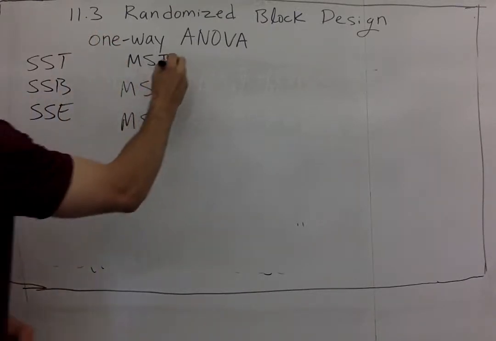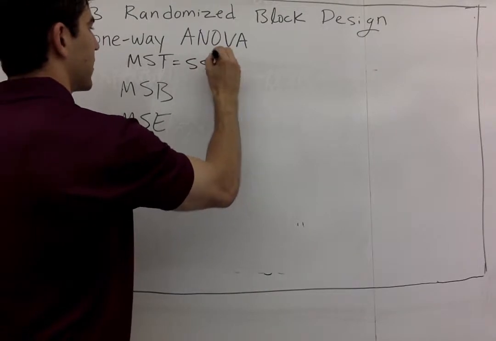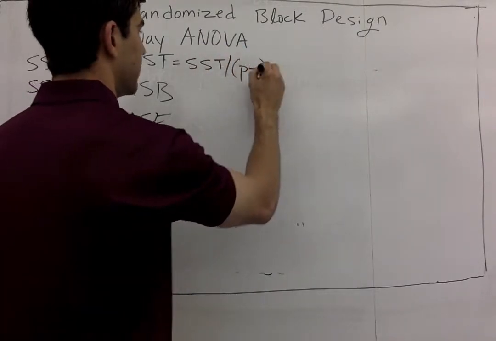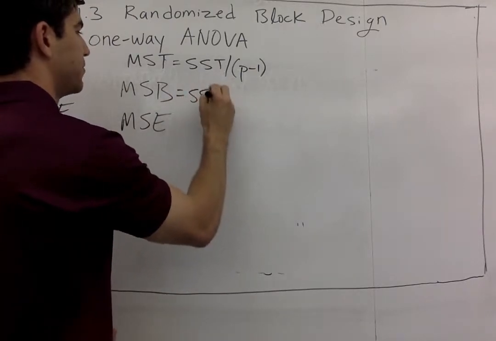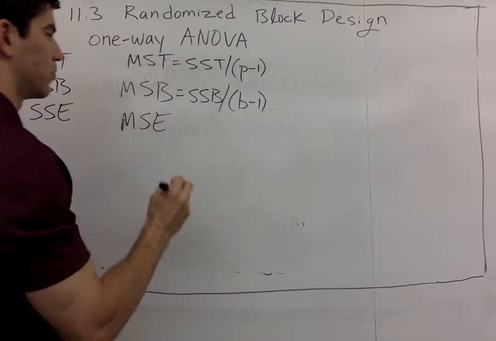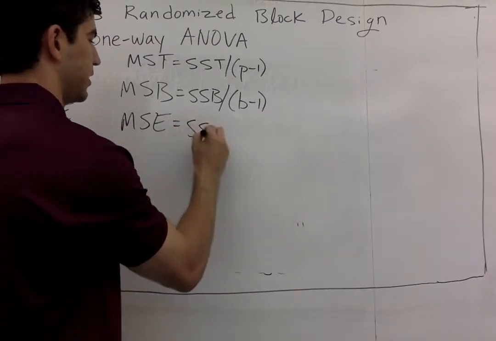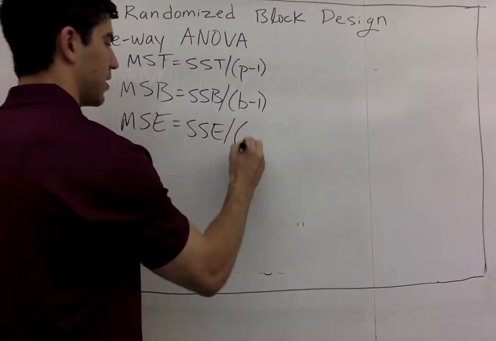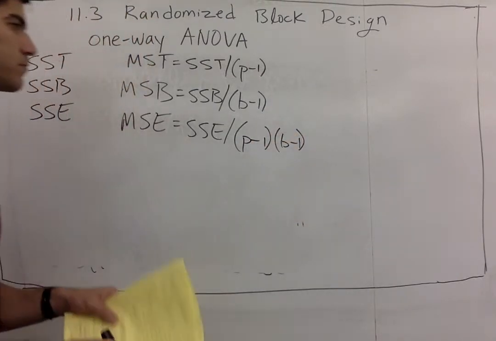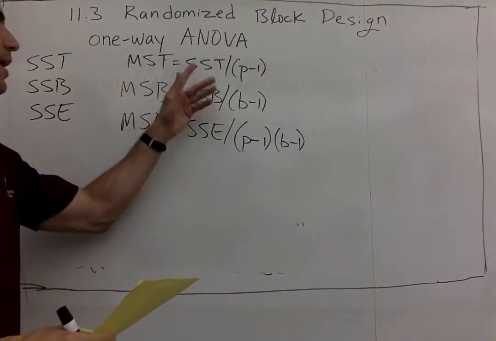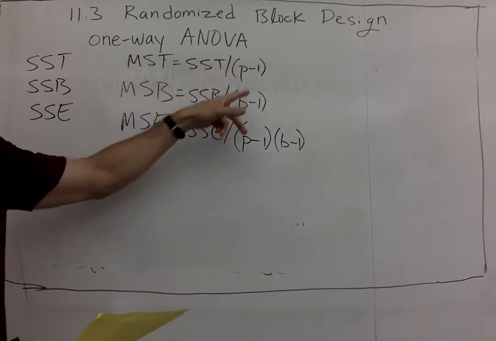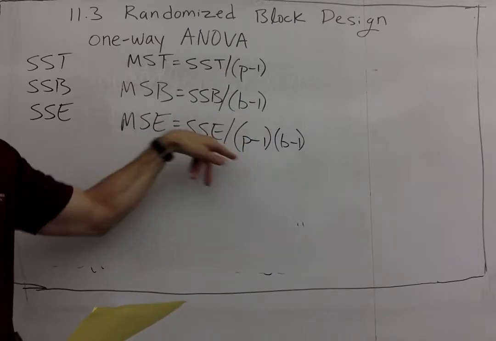We find that by doing SST divided by its degrees of freedom, which is P minus 1. MSB is SSB divided by B minus 1. And then MSE is equal to SSE divided by P minus 1 times B minus 1. So that's how you would estimate the values for the population based on the sample data: you divide each of them by their degrees of freedom.